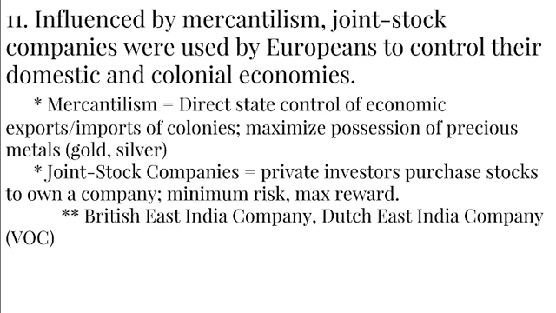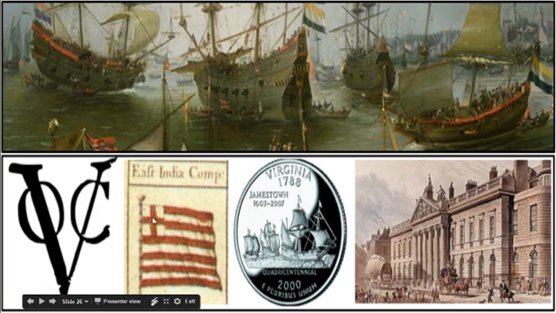And the two most successful joint stock companies, of course, are the British East India Company and the Dutch East India Company, which is normally abbreviated as the VOC. And you see their symbol there. This is, of course, the British East India Company.